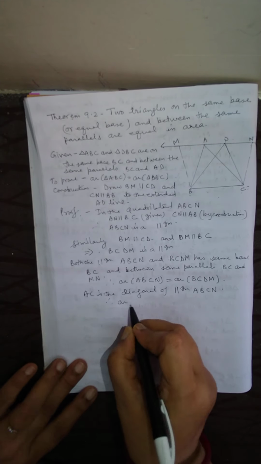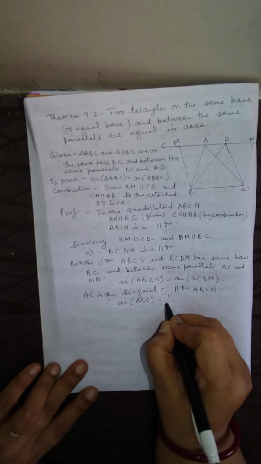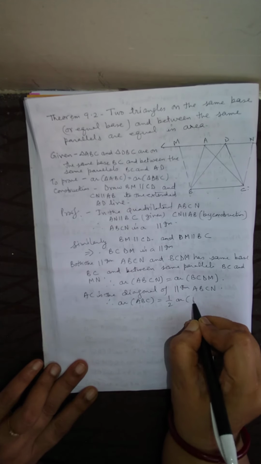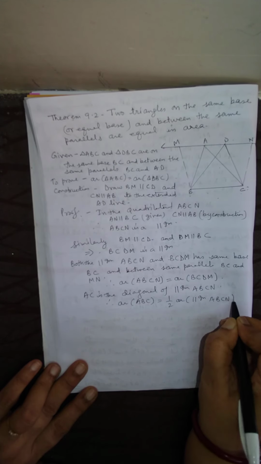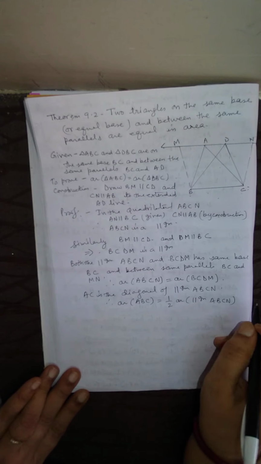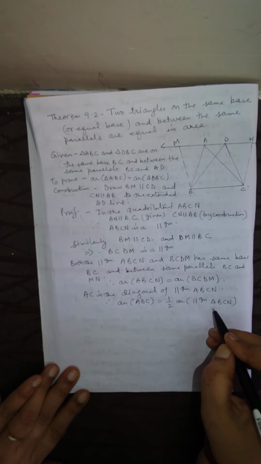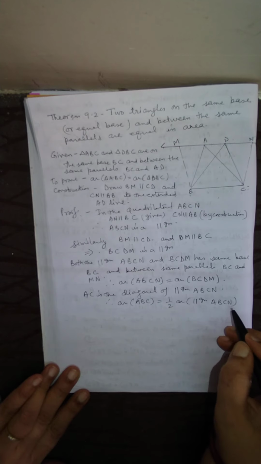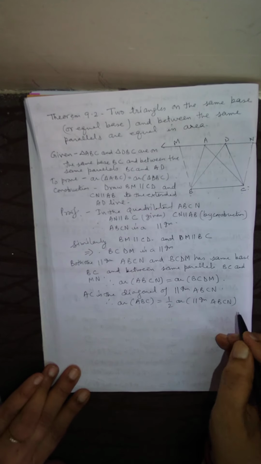Therefore, area of ABC is half the area of the parallelogram ABCN. Why? Because diagonal divides a parallelogram into two congruent triangles, and two congruent triangles have equal area.